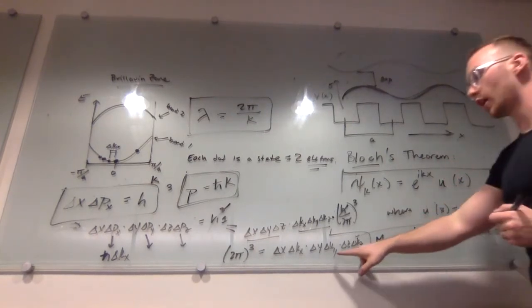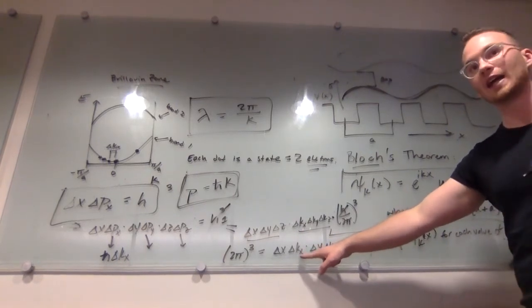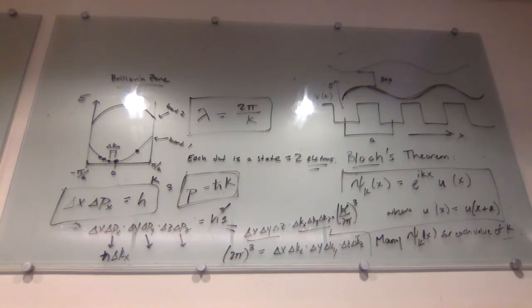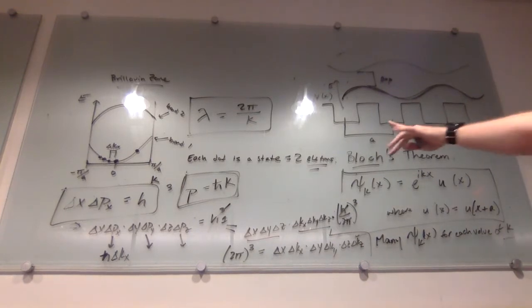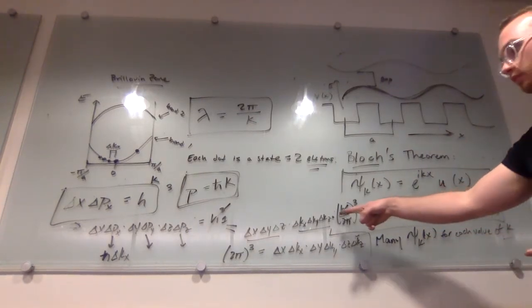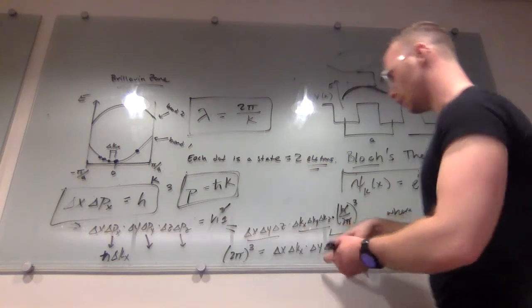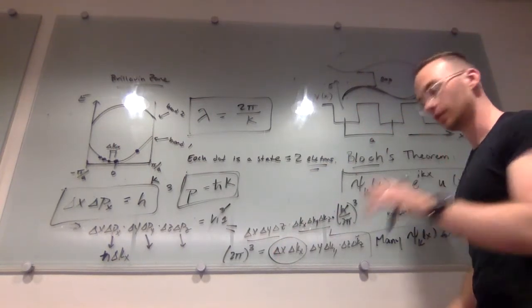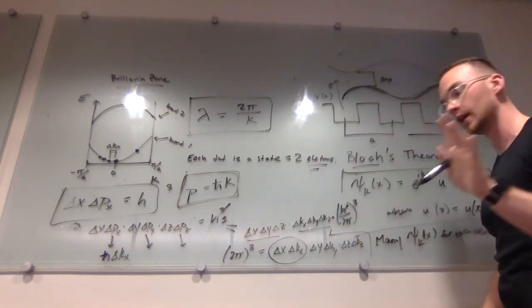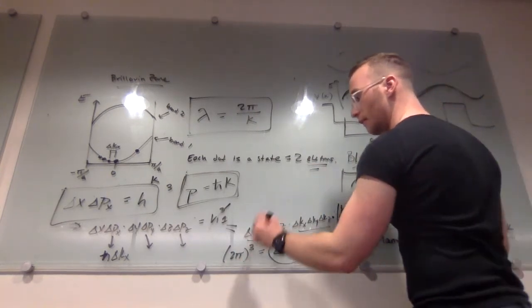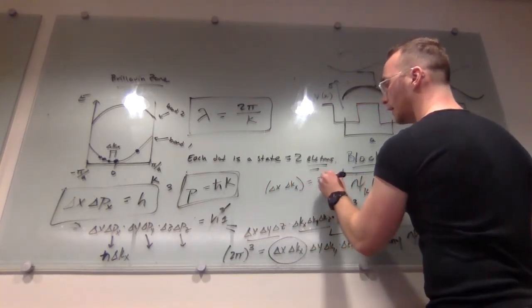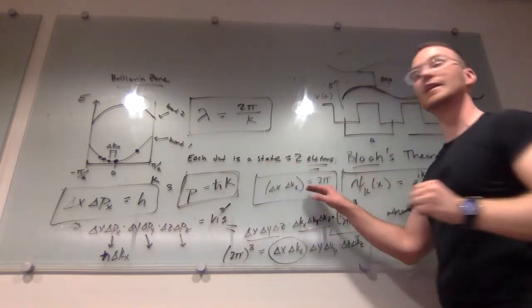And then they want you to talk about it in terms of the crystal momentum k, not in terms of the individual momentum p, which is just for normal states that obey the uncertainty principle. The relation between them is through this definition, and you can therefore get that this is the volume of the phase space. This whole thing is the volume of the phase space. This times this, delta x delta kx, if this is one-dimensional, is 2 pi. So this is called the volume of phase space.